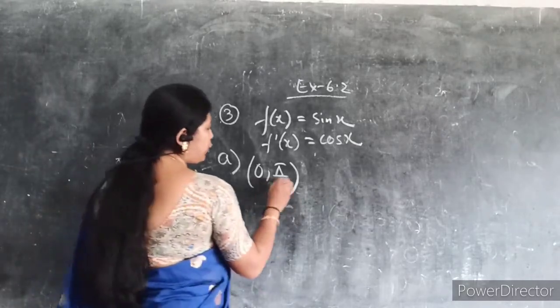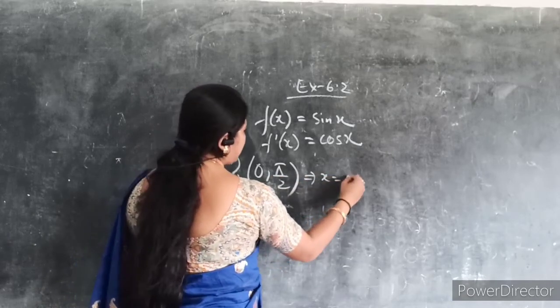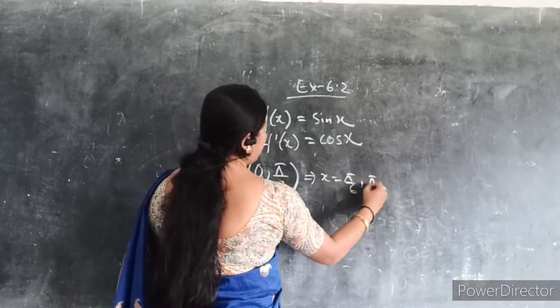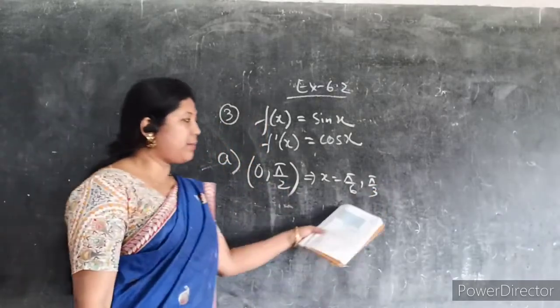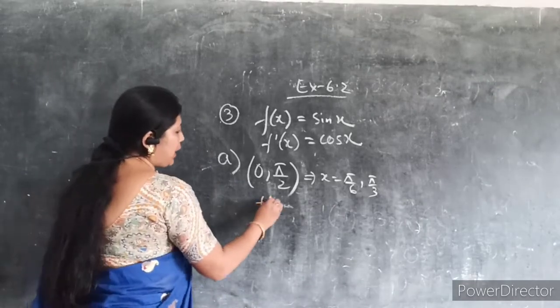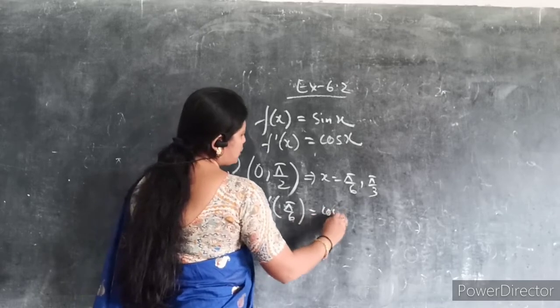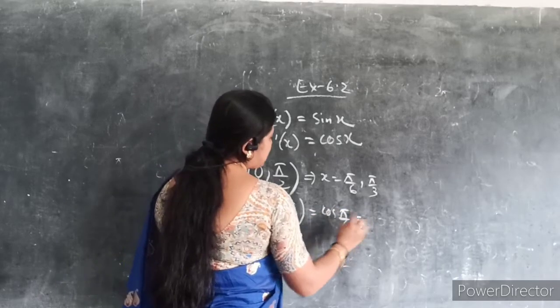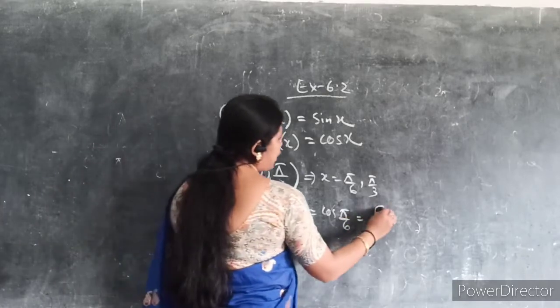So 0 to pi by 2, what values can you take? You can take pi by 6 or you can take pi by 3. That is your choice, because from 0 to 90, 30 is coming, 45 is also coming, 60 is also coming. When I put f dash of pi by 6, I am getting cos of pi by 6, that is cos 30, whose value is root 3 by 2.